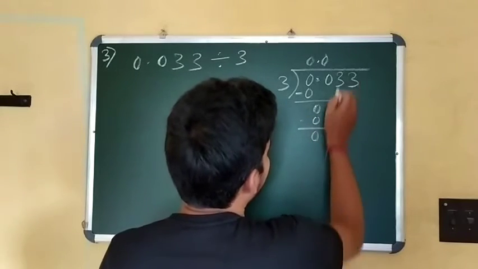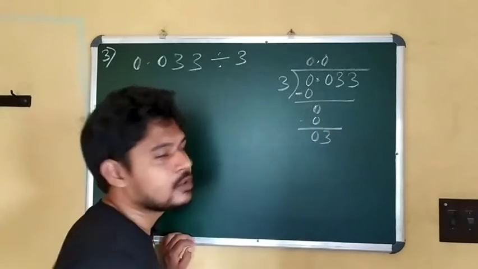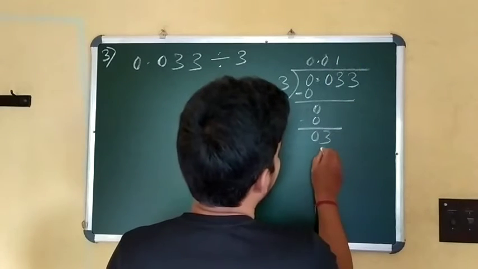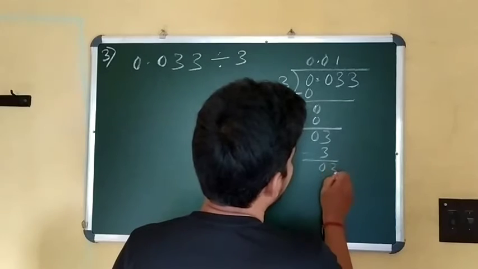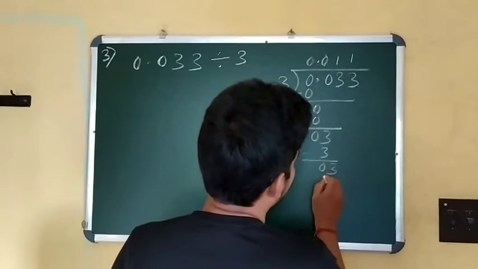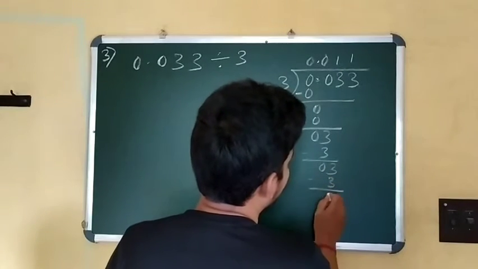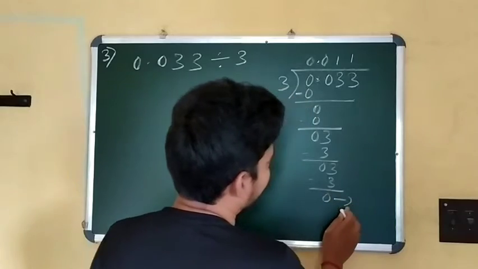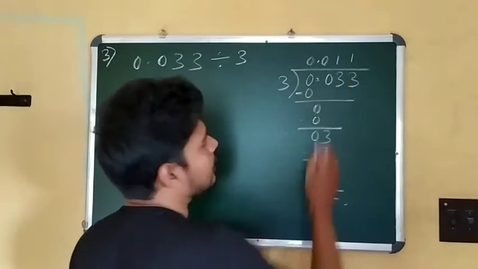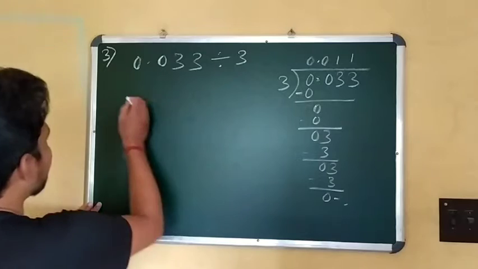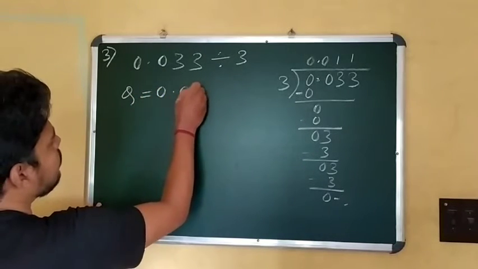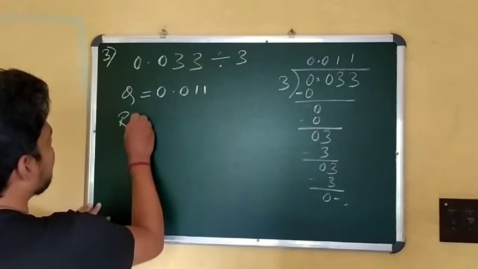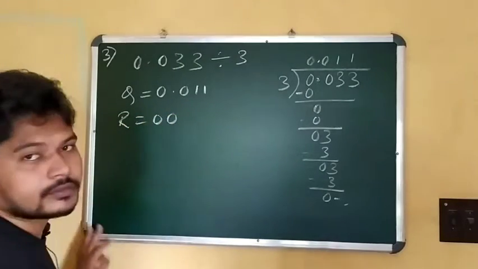So then 3 comes down, 1 into 3, that is 3 minus 3 is 0, then again 3 comes down, 1 into 3, so 0 is our remainder and 0.011 is our quotient. So from this division, quotient equals 0.011 and the remainder is 0.